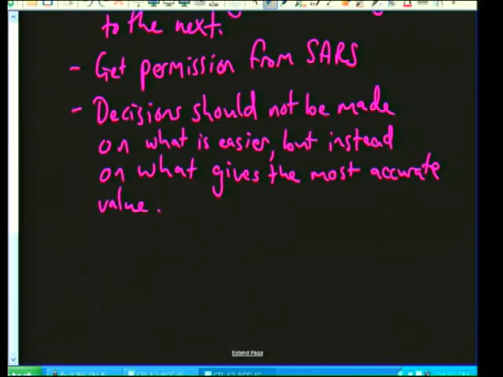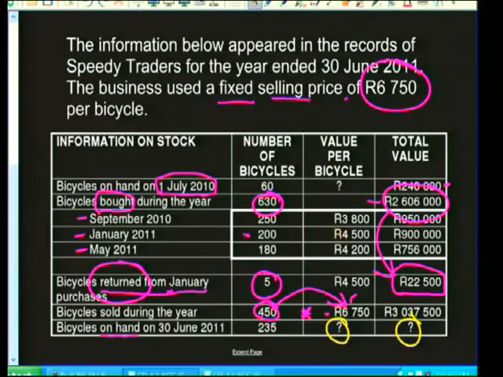One other possible reason is that when we're looking at the stock that we have, we've got bicycles, and we only have one type of bicycle. So we only actually have one item of stock. We're not like a big shop like Checkers that has a whole lot of different values of stock. We're only selling one item.